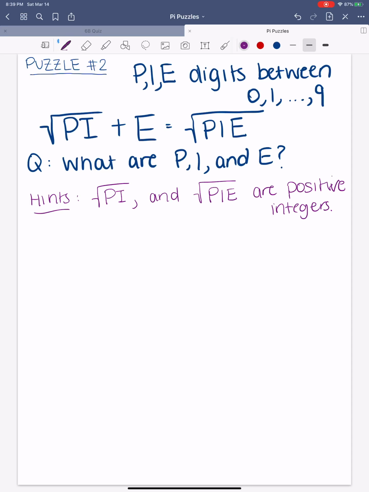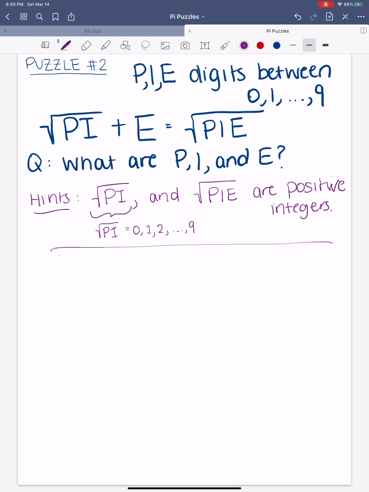So actually, you're very limited into what square root of PI can be. PI is a 2-digit number, so the square root of PI has to equal 0, 1, 2, up to 9 basically, because once the square root of PI equals 10, it's actually a 3-digit number. 10 squared is 100. So that should hopefully help you out quite a bit.